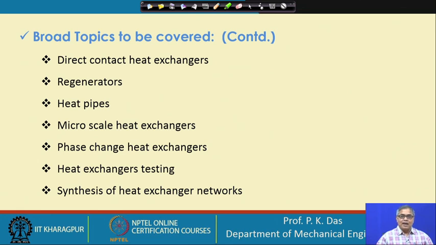Then in an industry, not a single heat exchanger is used. Heat exchangers are used in very large numbers. If we consider a petroleum refinery, there will be a very large number of heat exchangers, and these heat exchangers do not operate as individual units.